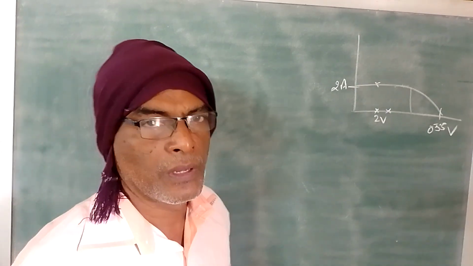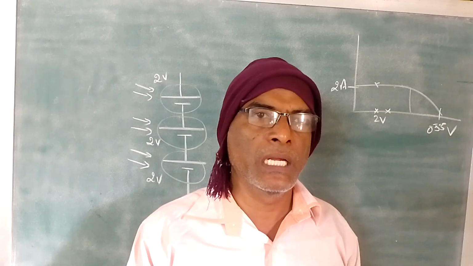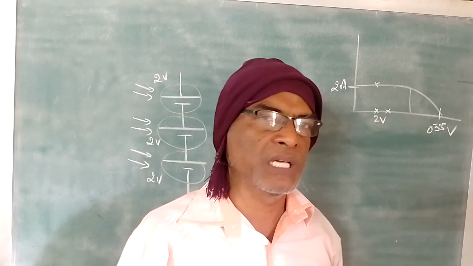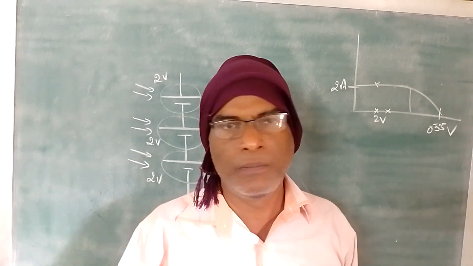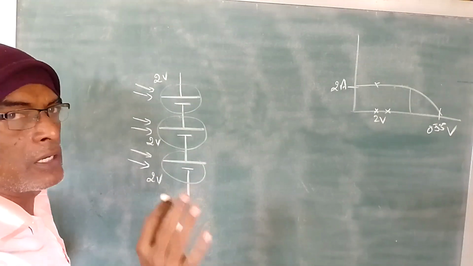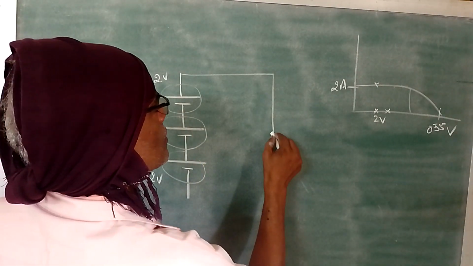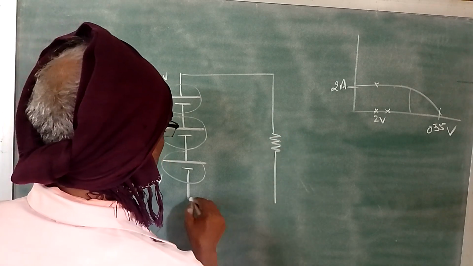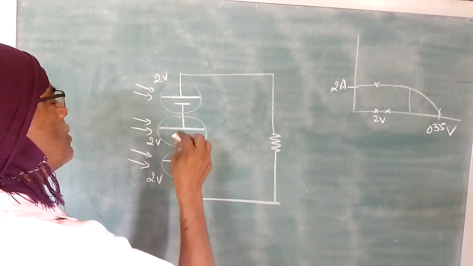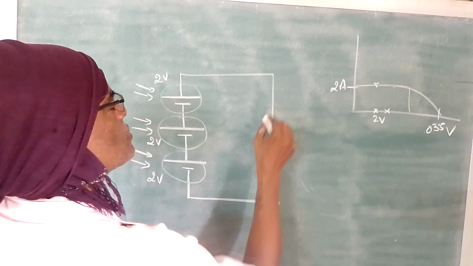That's the meaning. But current depends on the load, whatever load you are connecting. But you must not overshoot that 2 amps current, then the module will fail. That's the important point. For example, say all are able to supply a current of 2 amps, but if I connect a resistor, all are in series, therefore you will be getting a voltage of 6 volts here.